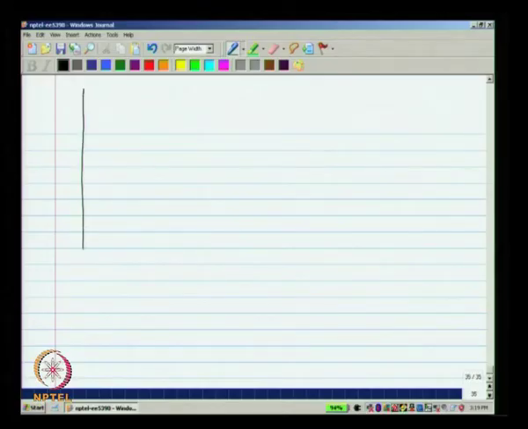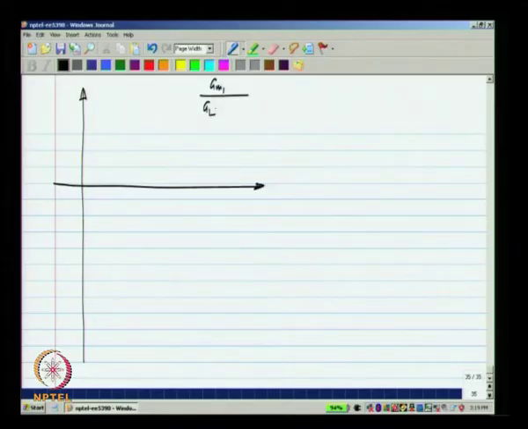So, we can do that by drawing Bode and Nyquist plots. Let me draw the Bode plot here, and it is easiest to use the form where we had Gm1 by (GL plus sCL) plus Gm2 Gm3 by (Go2 plus sC2) times (GL plus sCL).